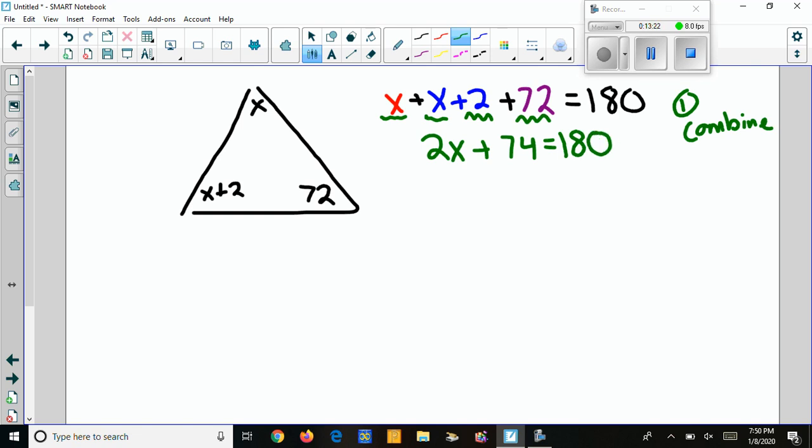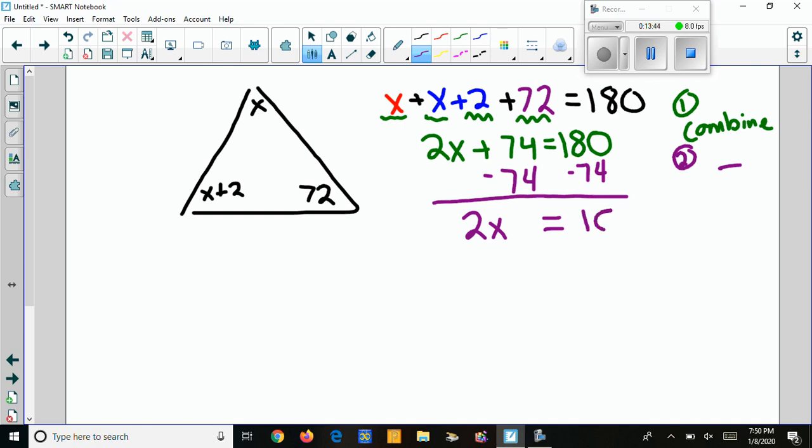To continue solving to figure out what x is, I need to go ahead and subtract the 74 on both sides. Bring down my 2x equals 106. And then to wrap that part up, I need to divide. Now, this tells me what x is equal to.